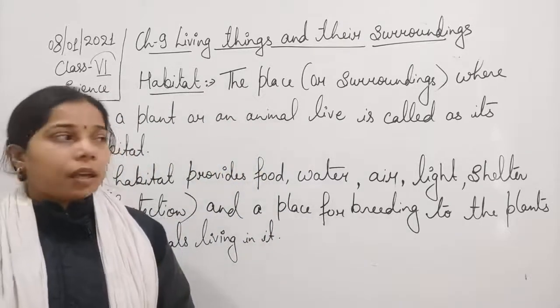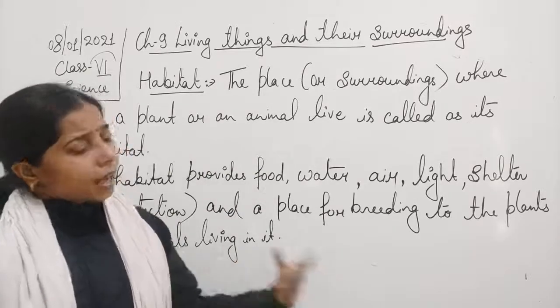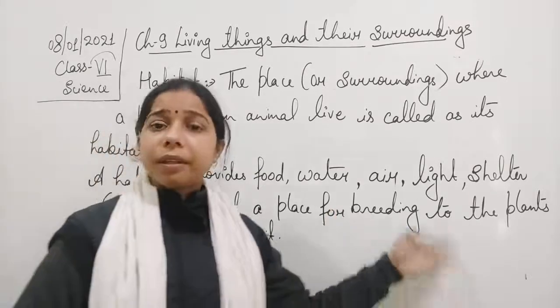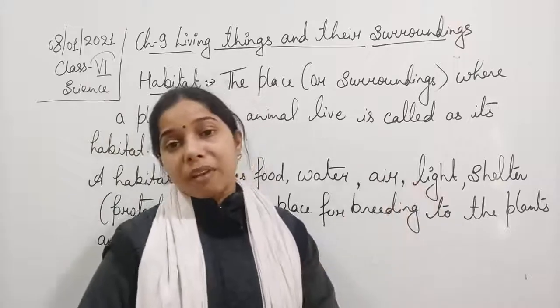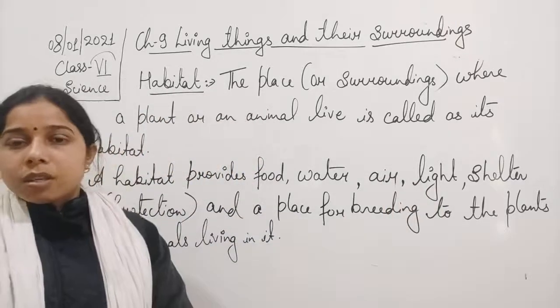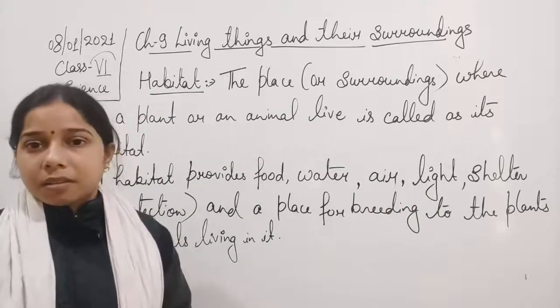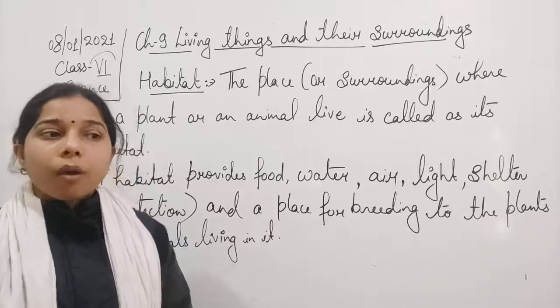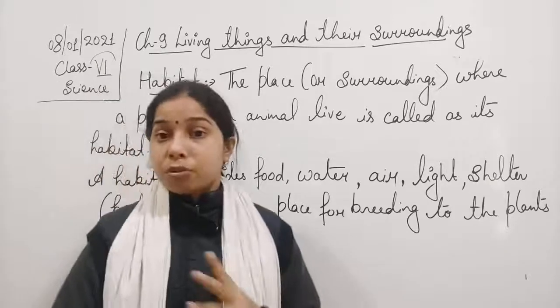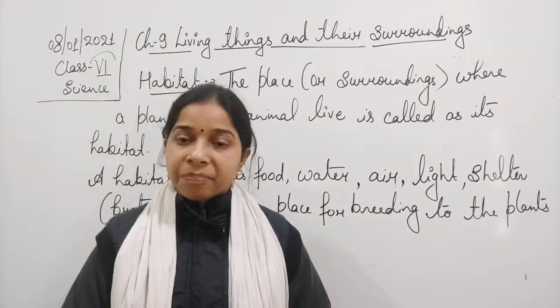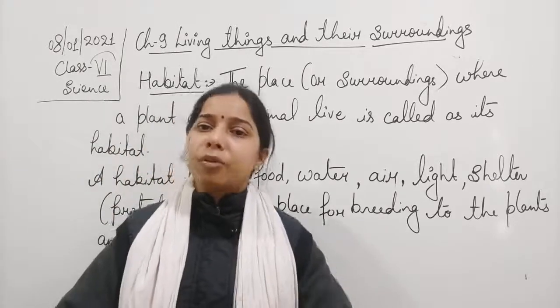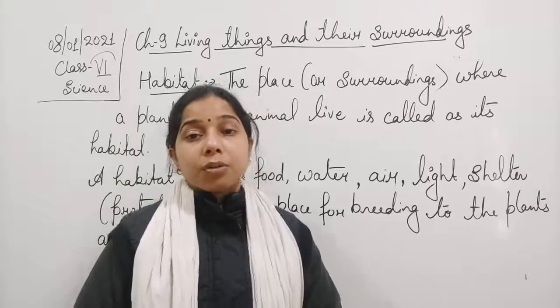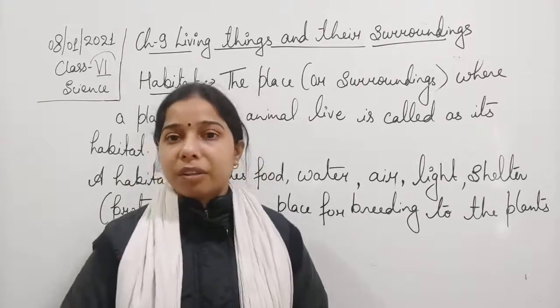Now you see, is it the same for everyone, the same for all types of plants or all types of animals? No, absolutely not. If we talk about the cactus, or the lotus, or the rose, you see these are all flowers only. They have this beautiful essence, but their habitat is totally different.